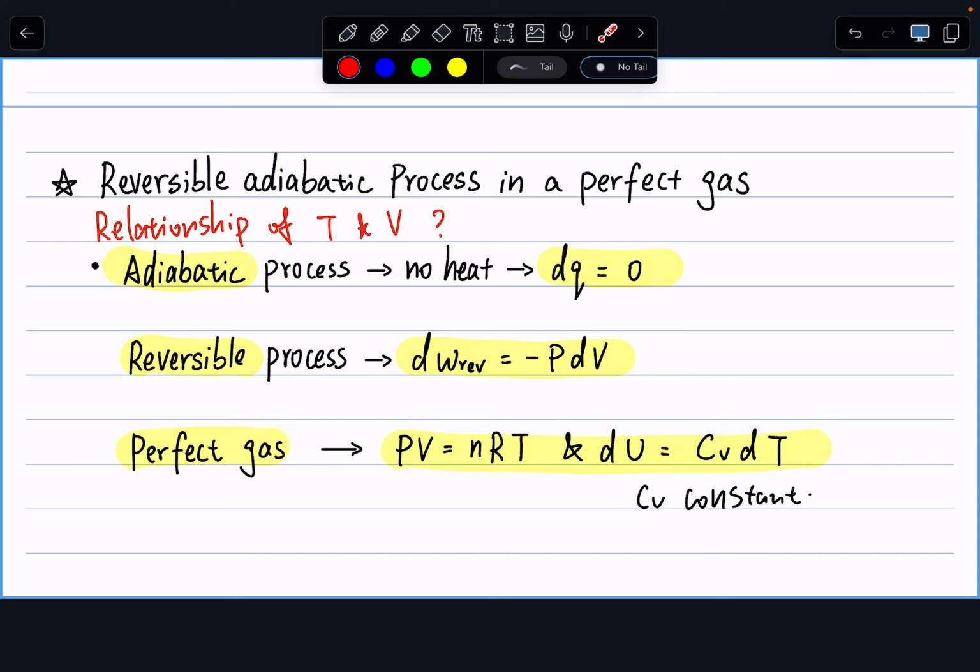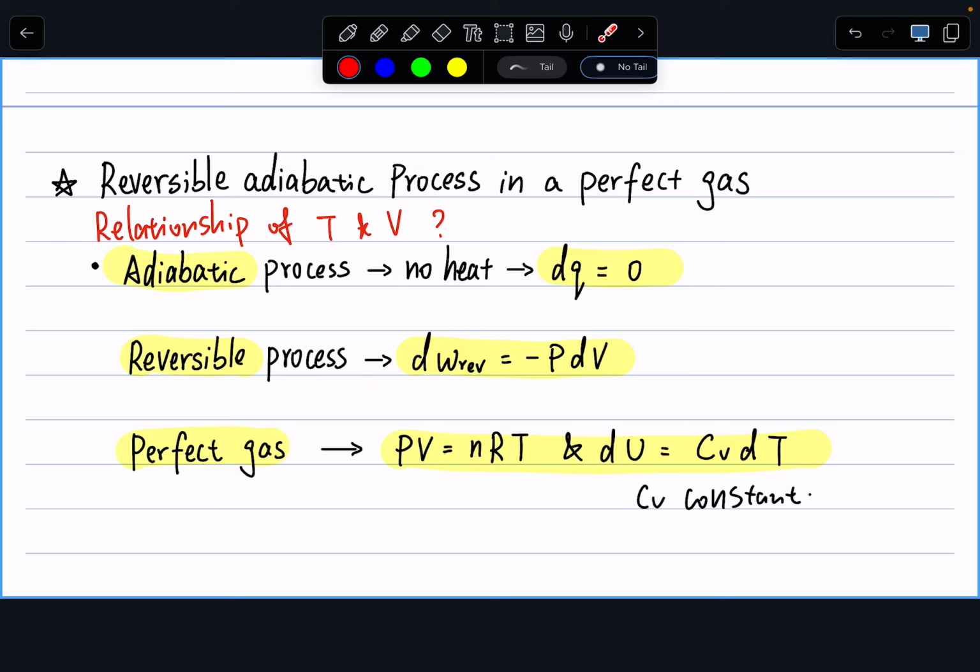This V2 over V1 becomes V1 over V2 because of the negative sign. A little bit of logarithm math: if the logarithms of two quantities are the same, the quantities are the same. So we can take it out as T2 over T1 equals V1 over V2 to the power nR over Cv.